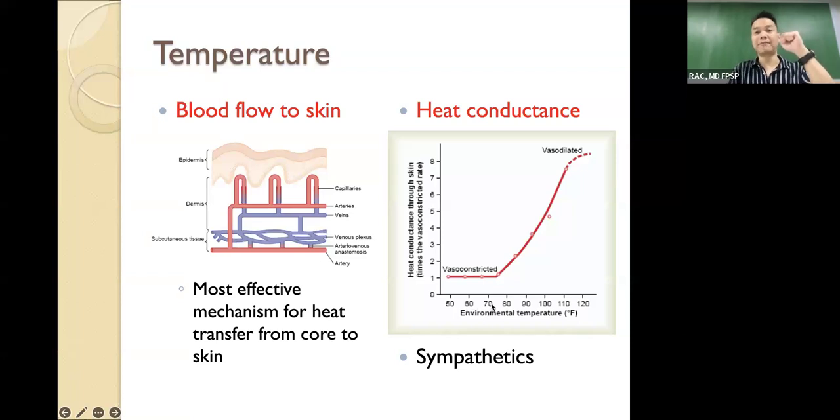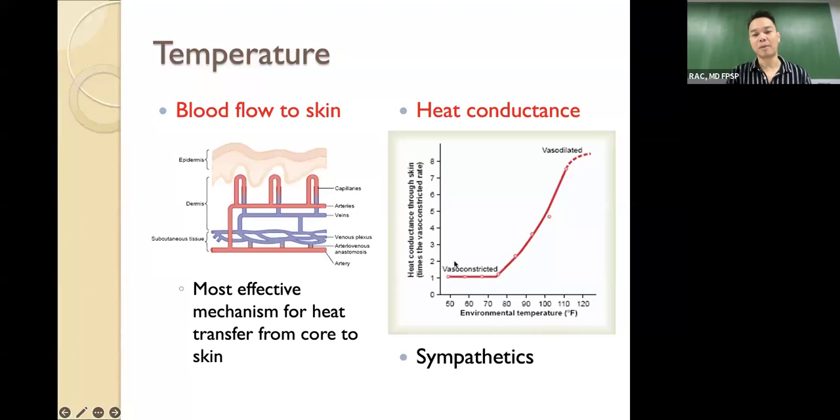This will reduce blood flow to the skin, preserving core temperature. However, if environmental temperatures are warm, then blood vessels will dilate. This will allow more blood to go to the skin in order to transfer heat from the core going to the skin. So in this diagram, you will notice the conductance plotted against environmental temperature.